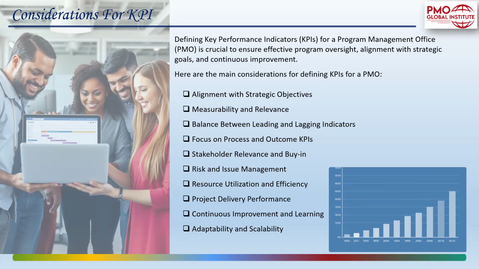Project delivery performance, resource utilization and efficiency. This is one of the most important KPIs. Suppose you have, as I had given an example earlier, large petroleum companies or even large manufacturing companies, they have a PMO where they have more than 20, 30 certified project managers. Now the thing is how effectively the resources, the skilled resources apart from project managers, are being utilized.